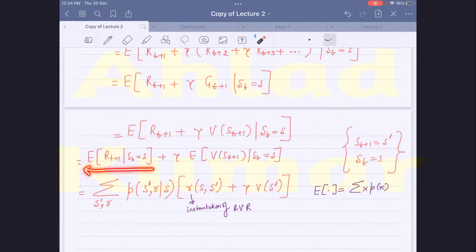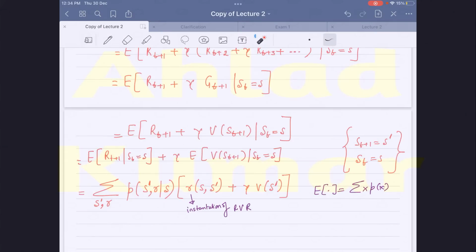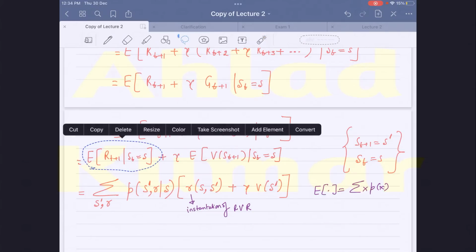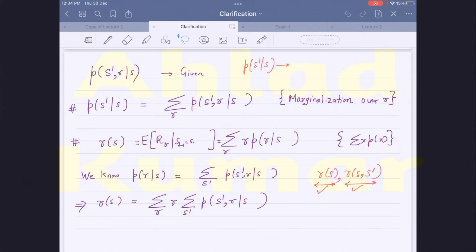The first component that we have here, if you recall, is similar to this. The only difference is now here it is R t plus 1 and here it is S t. So recall, let me copy this just to make you aware that both of them are the same and paste it here.